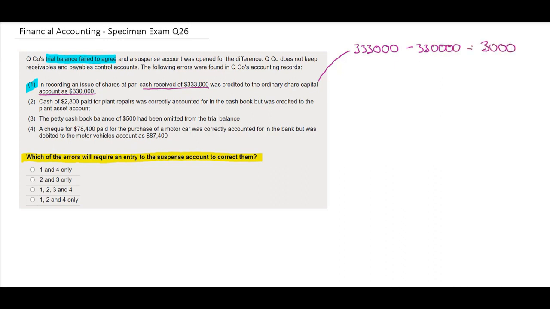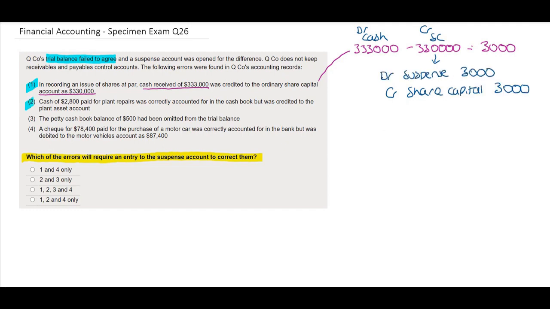The assumption is that the debit side of this transaction was recorded correctly, and so that there was a debit to cash for $333,000 and then just the credit to the share capital. Therefore, to correct this, we need to make the share capital balance bigger. And so to increase our share capital balance, we will need to credit share capital with the $3,000, and the other side of this transaction will go to the suspense account.